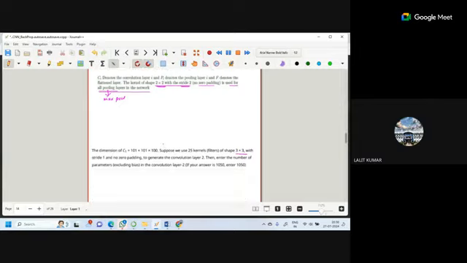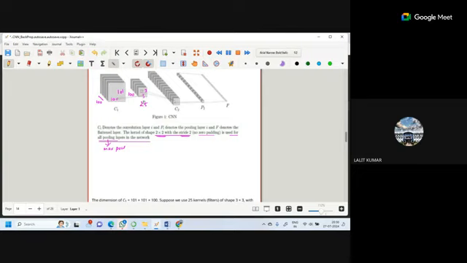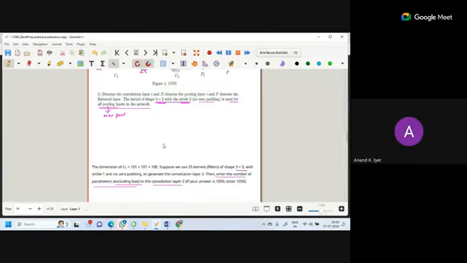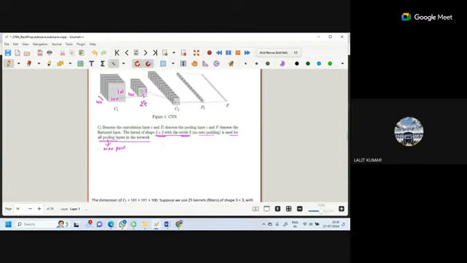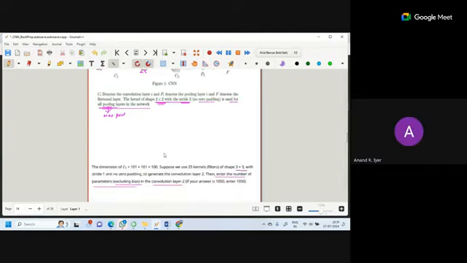So what he's saying: enter the number of parameters excluding bias in the convolution layer 2. Yeah. So why did you change from 2 cross 2 to 3 cross 3? Because he has said that 2 by 2 is for the pooling layer. Yeah, so this is the pooling layer that you are writing, right? No, here he is saying this is the convolution layer.